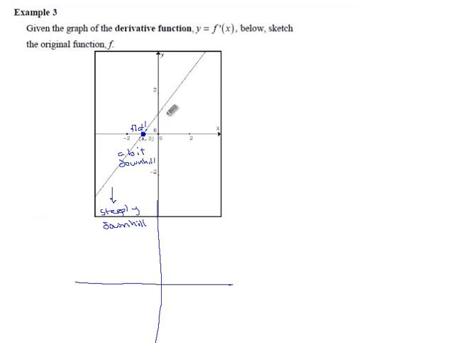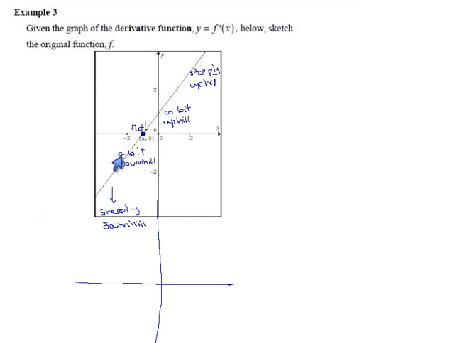If the derivative is a little bit positive, then that means our curve is a bit uphill. And as the derivative gets bigger and bigger, that means that the function is increasing faster and faster. So I'm going to call this steeply uphill.